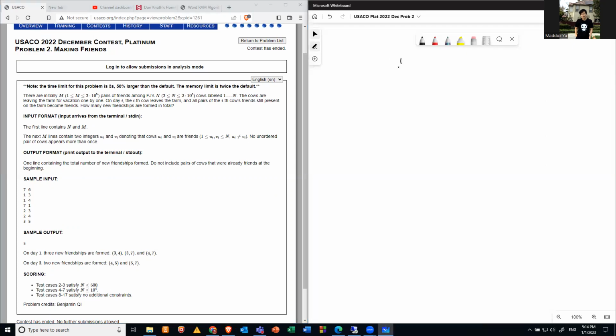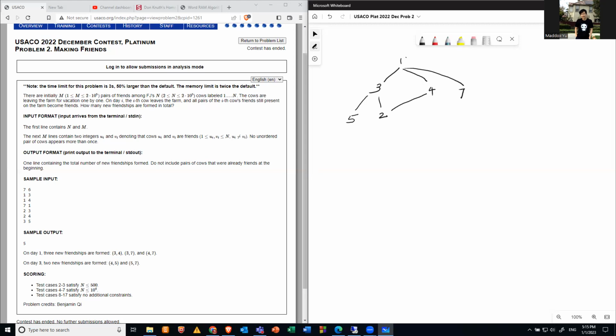Node 1 is connected to 3, 4, and 7, and 3 is connected to 2. 2 is connected to 4, and 3 is also connected to 5. All those connected nodes, each pair is a friend. So 1 and 3 are friends, 1 and 4 are friends.